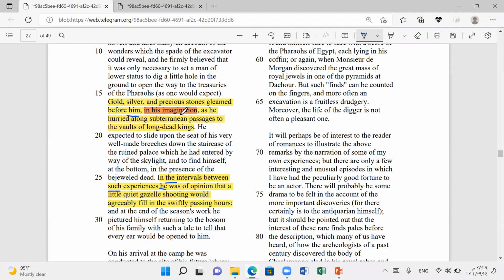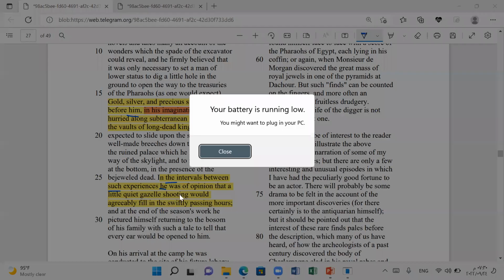This can be describing a little bit about his personality. But here I'm talking about the intervals, about the experiences. He was of opinion. Yeah, maybe he has a certain opinion. What is this opinion related to? Like related to taking decisions or related to certain decisiveness, or is it related to shooting something?